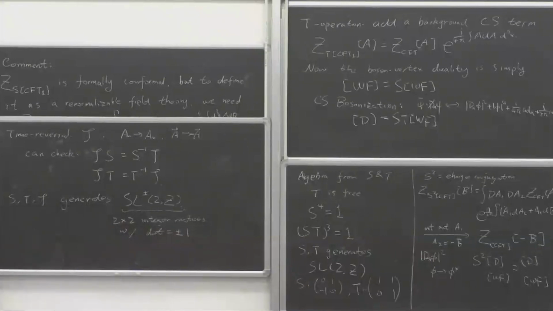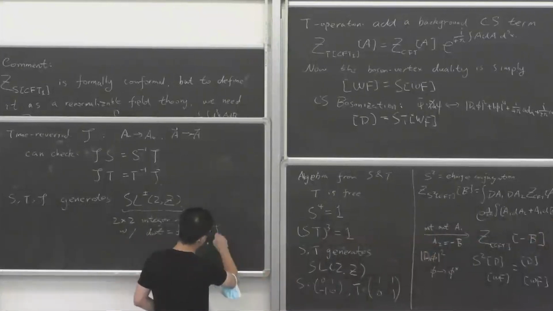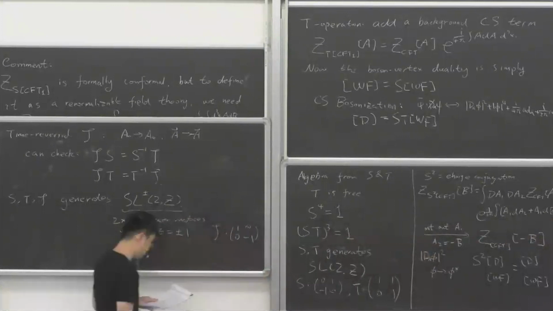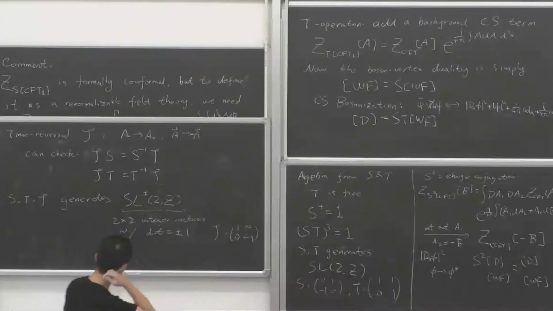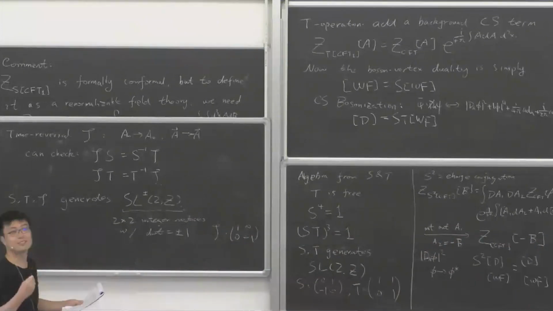So essentially, time reversal acts like an improper reflection in this SL2Z space. If you like, in that basis, time reversal looks like diag(1, -1), a Pauli Z. So it has a funny structure.